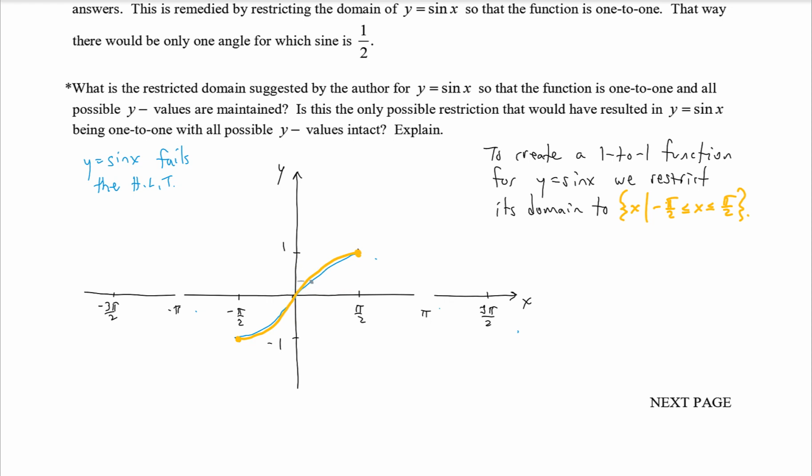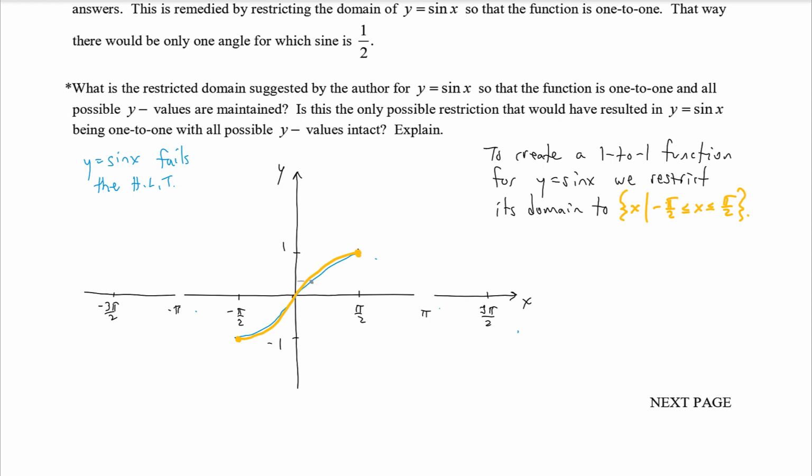So its inverse will be a function of x. So we basically take the sine function, whose inverse was not going to be a function of x. We restrict the domain to -pi over 2 to pi over 2, and what we're left with is a one-to-one function, therefore its inverse will be a function of x. So we've accomplished our goal.